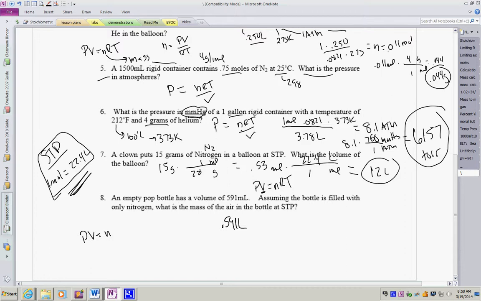They want to know the number of moles in that bottle, and then I'll convert moles to grams because it is nitrogen gas. So PV over RT equals n. The pressure is 1, the volume is 0.591, R is 0.0821, and T is 273.